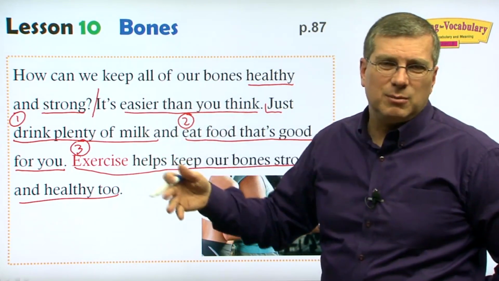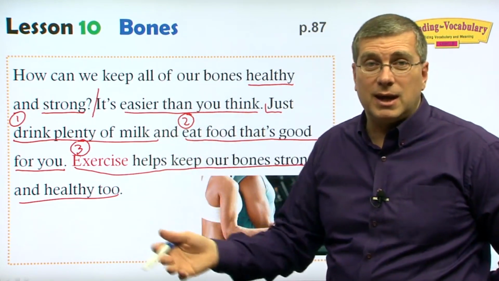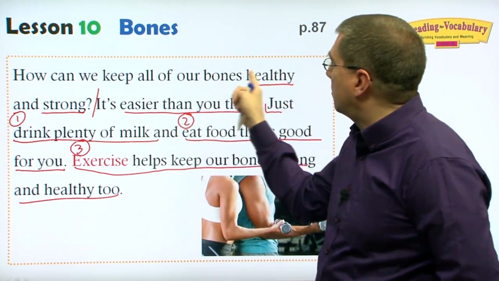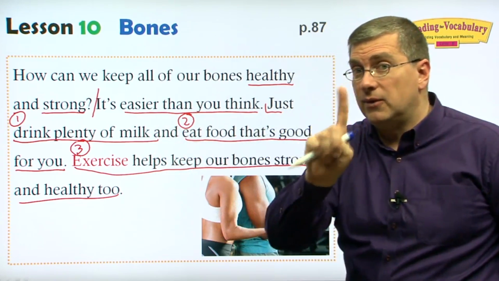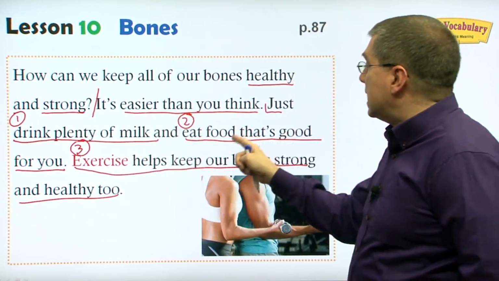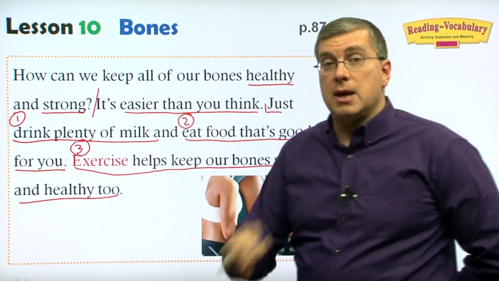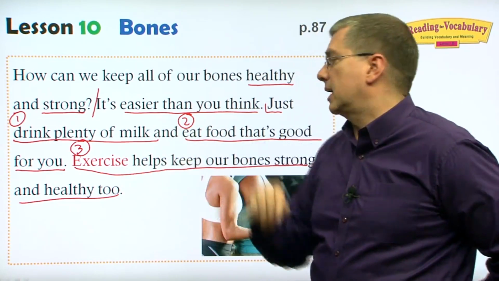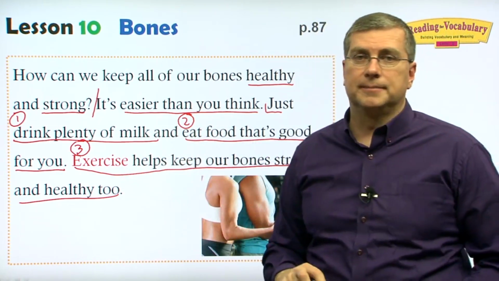Then we just have a statement saying it's easier than you think, and then we get the answer. There are three ways to keep our bones healthy and strong. One, the first way, drink plenty of milk. The second way, eat food that's good for you. The third way, exercise, because exercise keeps our bones strong and healthy.